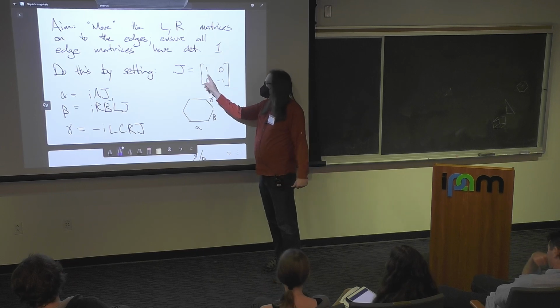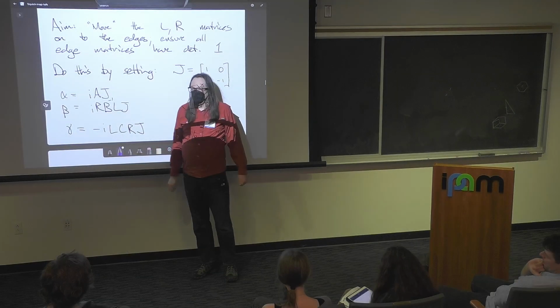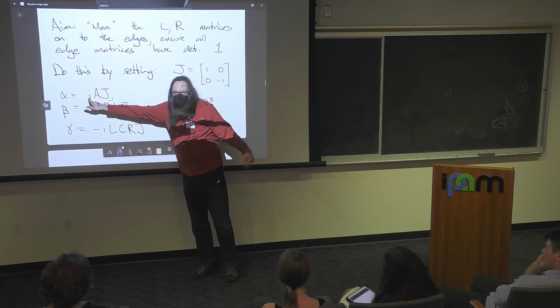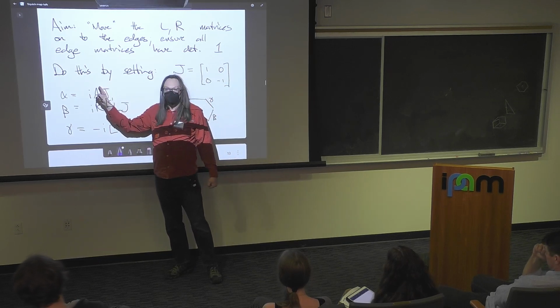But right, so you take this matrix, it's a diagonal matrix with a -1 in the corner there, and you set alpha to be i times this matrix, the imaginary diagonal matrix, times J. Both this matrix and J have determinant -1, so this whole thing actually does have determinant 1.